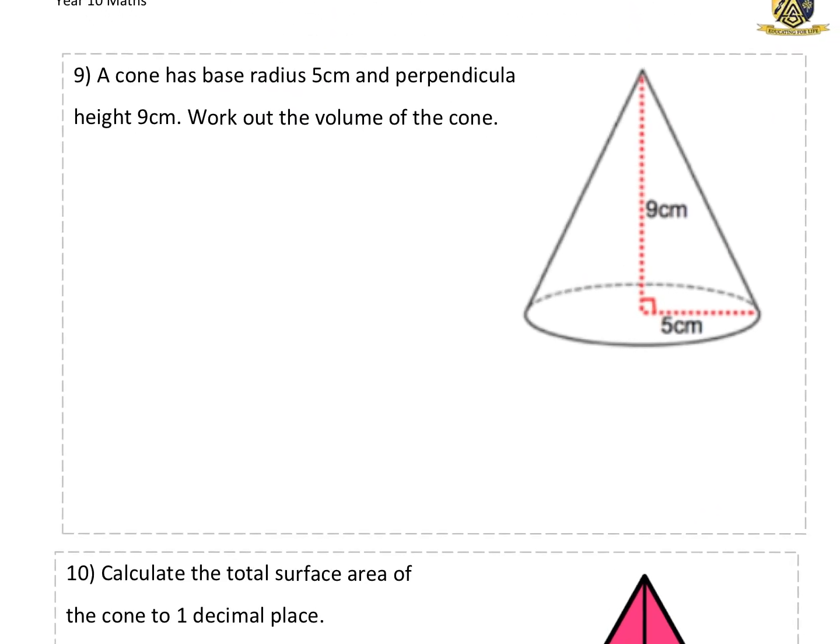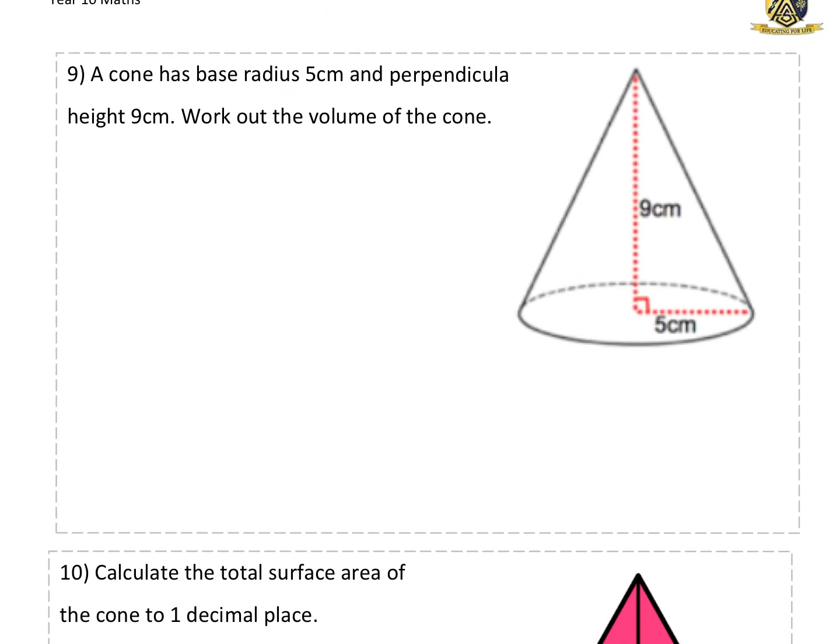Okay, number 9. A cone has a base radius of 5 centimetres and perpendicular height 9 centimetres. Work out the volume of the cone. We write down the formula first of all. That is 1/3 pi r squared h. That's 1/3 times pi times the radius squared. The radius is the base radius of the circle, which is 5, so 5 squared.